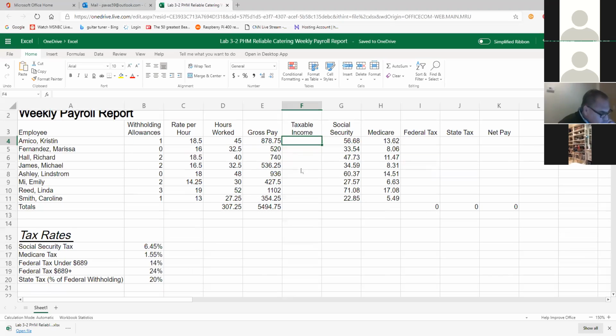So it'd be equals gross pay and number of withholding allowances, which is what? 1, no? Times 1. No, let me just read it correctly. Taxable income times 90. All right, so gross pay.